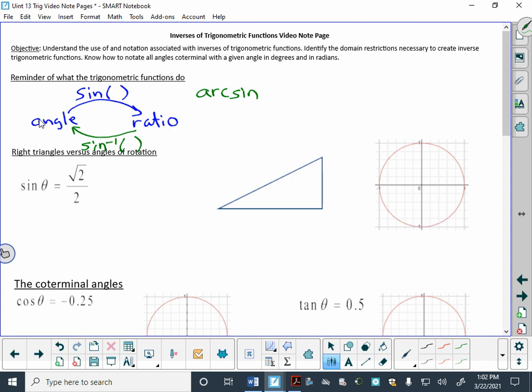That's a little bit older notation, but the inverse using the -1 power, we've seen that used for inverse before, and we want to remember that that doesn't mean 1 over sine. 1 over sine is a completely different thing. But this function going back the other way is going to change ratios back into angles.